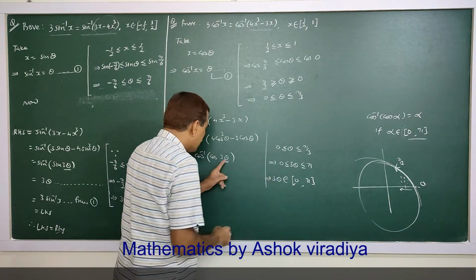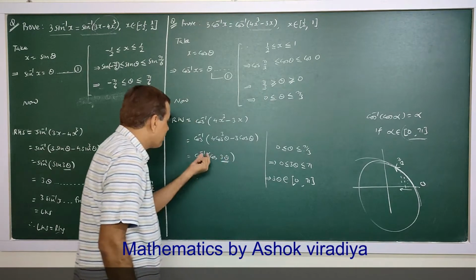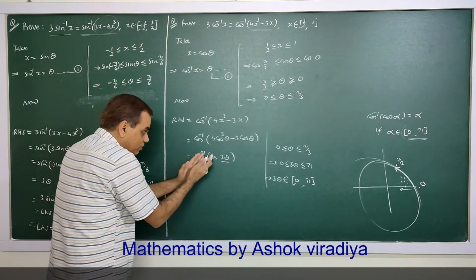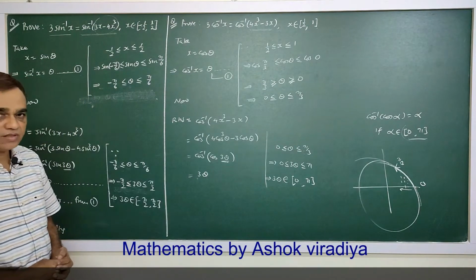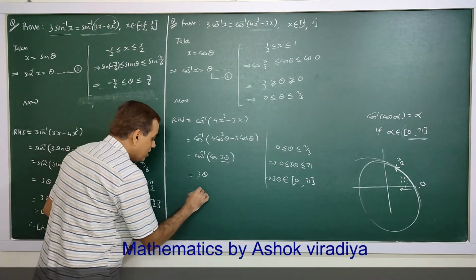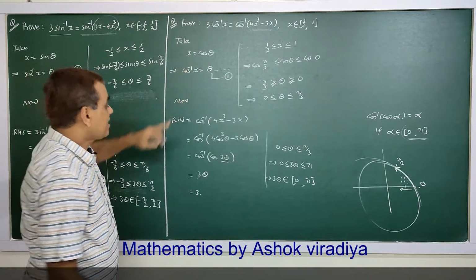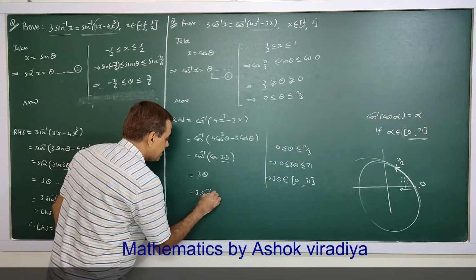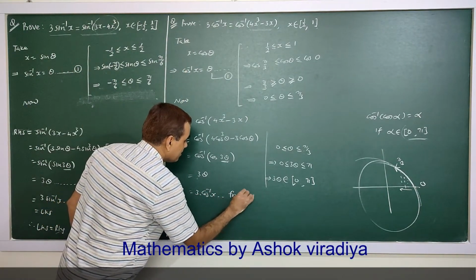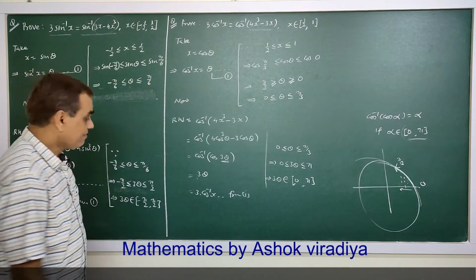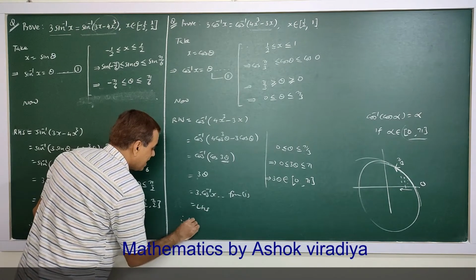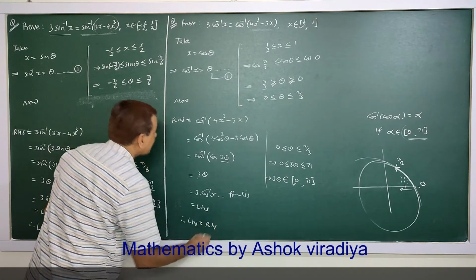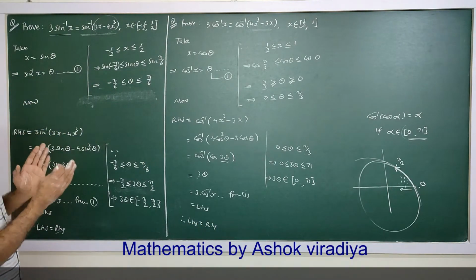So this number belongs to the domain of cosine. So cos inverse cos 3 theta is 3 theta. Now using this value, theta is cos inverse x. So it is from 1. Therefore, this is the left hand side. So LHS is equal to RHS. The result is true.